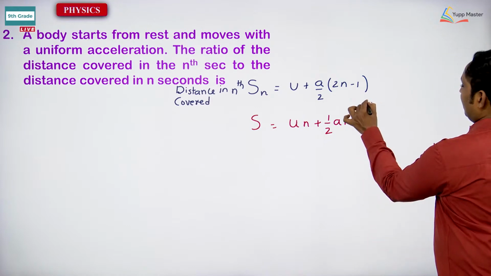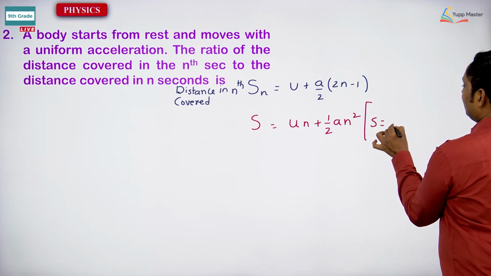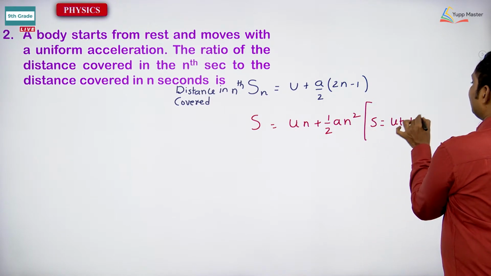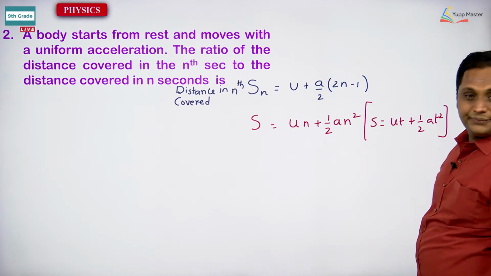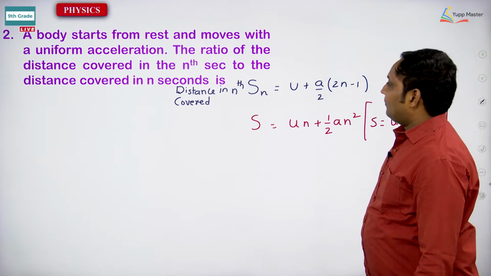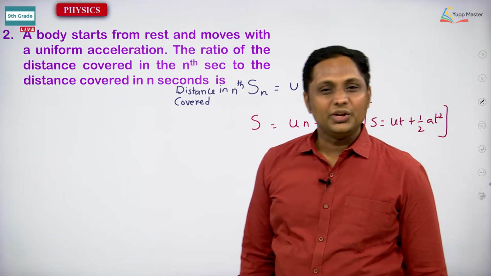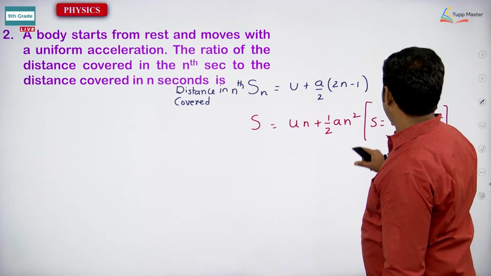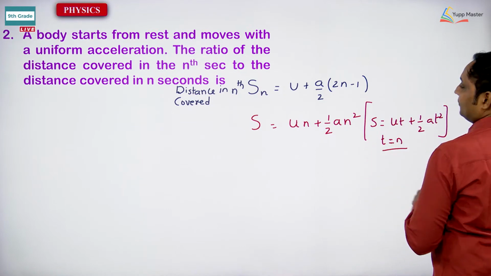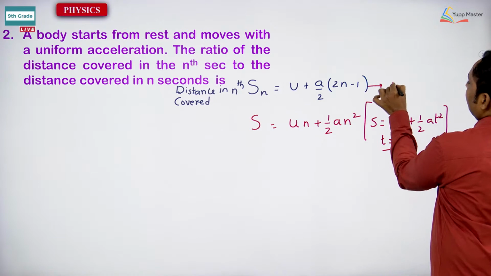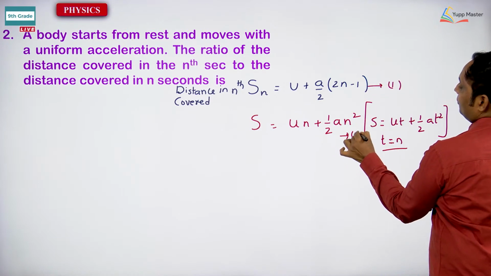Alright, this is s is equal to ut plus half a t square. What they have given, t is equal to n, it is going to be n, it is very clear. So, this is equation number 1, this is equation number 2.